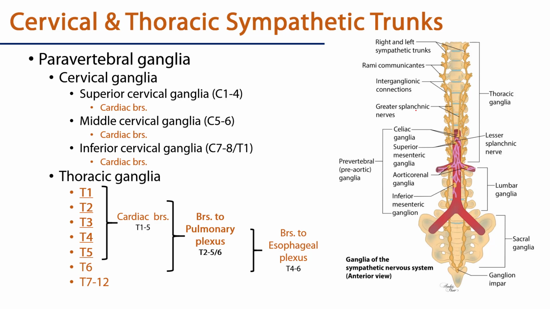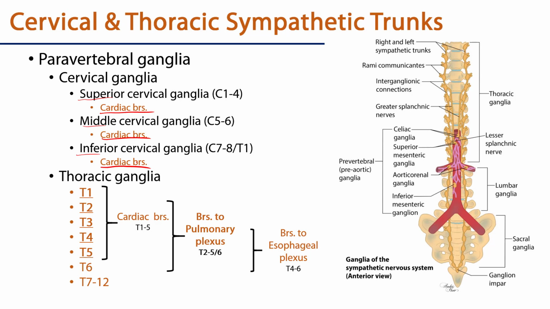The sympathetic branches supplying thoracic viscera are going to come from the cervical sympathetic trunk, which consists of superior, middle, and inferior ganglia. So these will all send cardiac branches. I know we're talking about the pulmonary plexus, but these are cardiac branches.